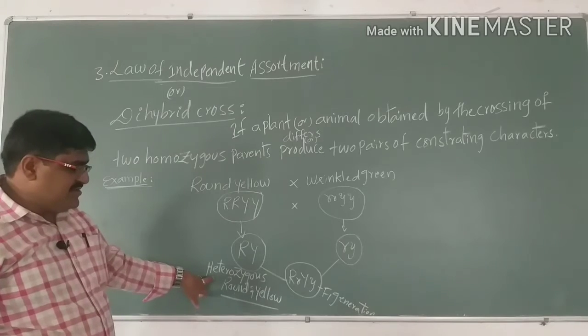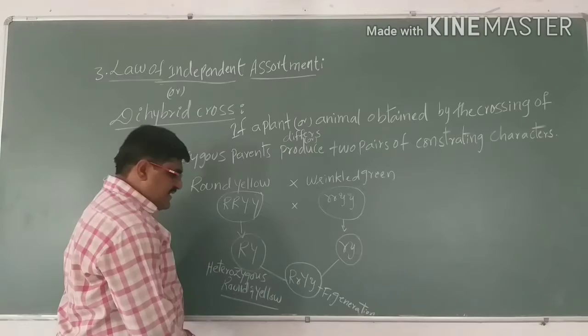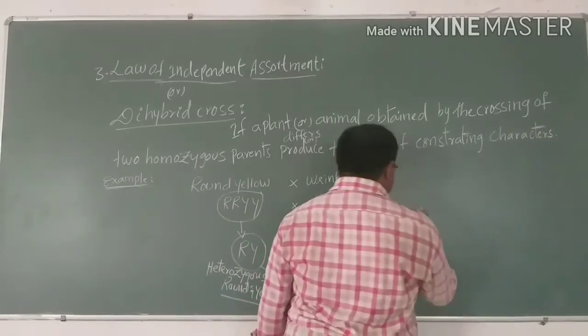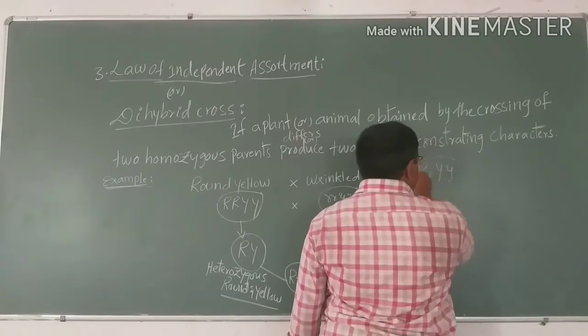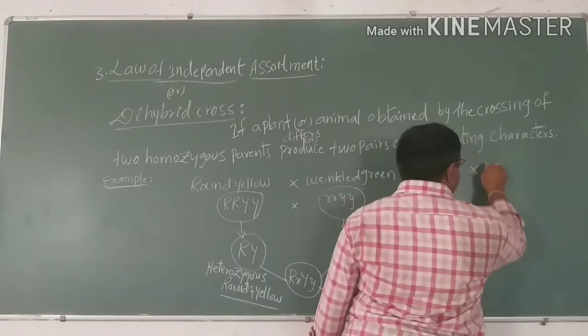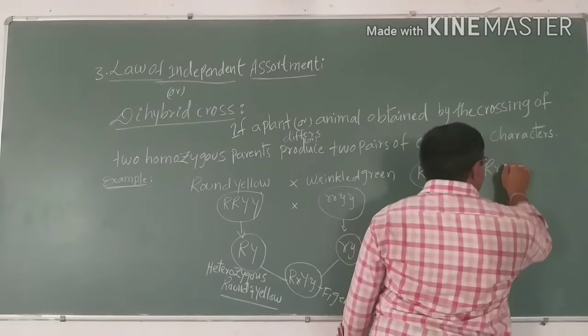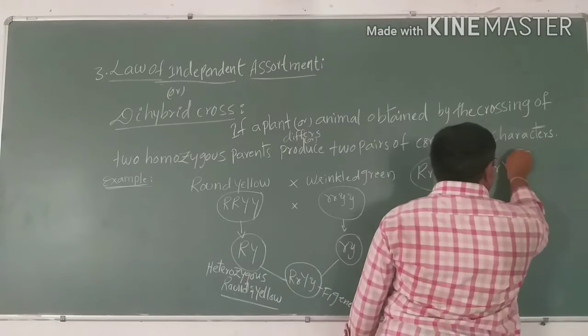This F1 generation undergoes self-breeding: capital R, small r, capital Y, small y is crossed with capital R, small r, capital Y, small y.